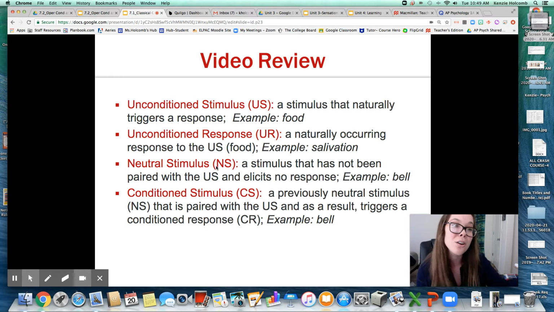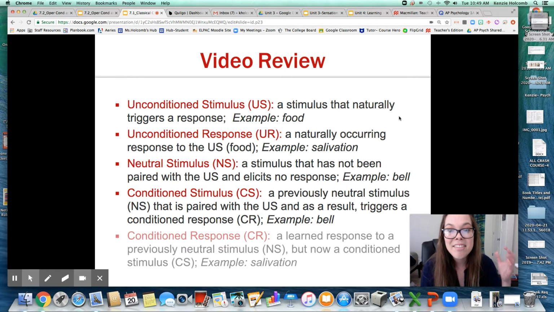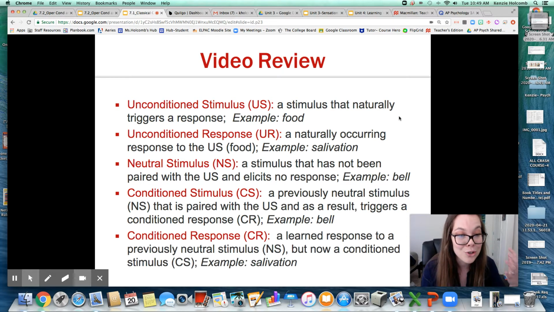So it's not the food anymore. It's no longer a natural process. The bell is triggering the saliva before they even see the food, right? Because over time, the dog starts to associate the bell with when food happens. And then the body has a learned response to start salivating, okay? That leads to the conditioned response, which is a learned response.